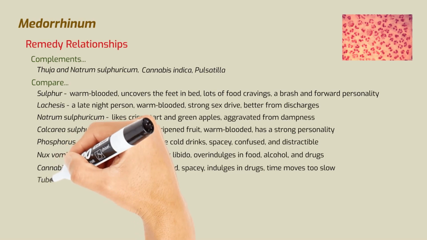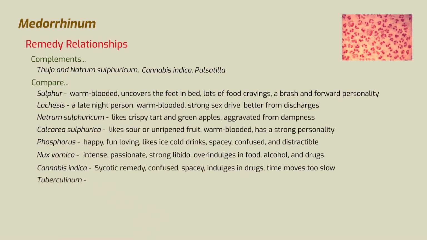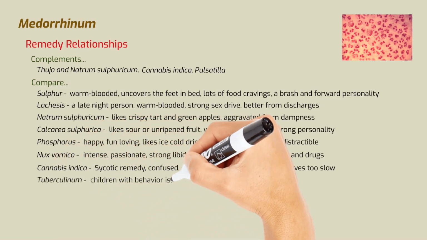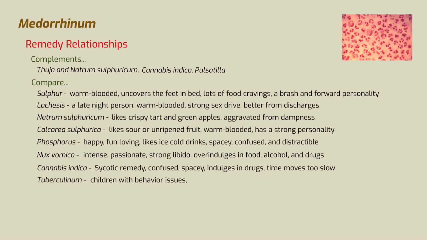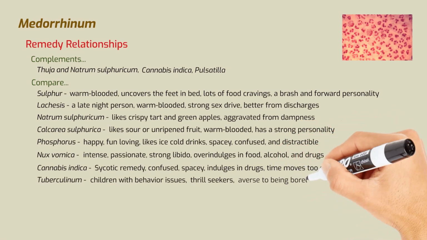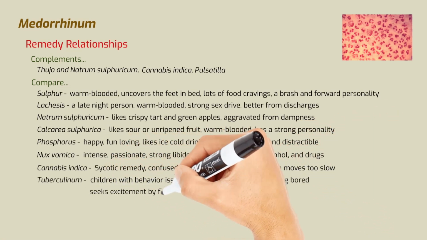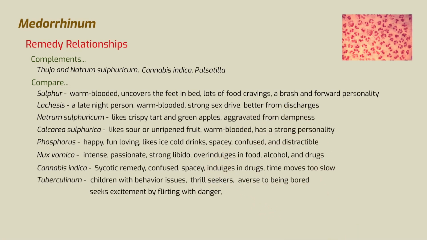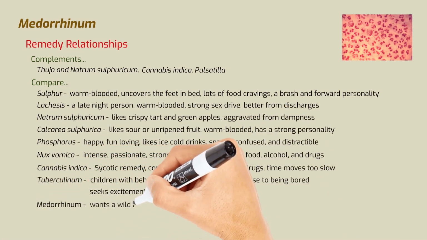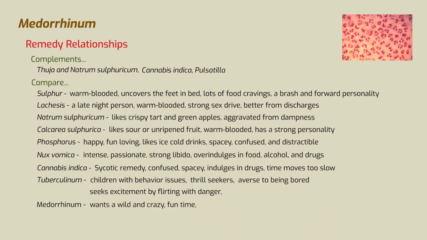And last but not least, tuberculinum, which also fits children with behavior issues. We can think of both tuberculinum and medorrhinum as thrill seekers. Both are averse to being bored. The difference is that tuberculinum seeks excitement by flirting with danger. For Medorrhinum, thrill-seeking means having a wild and crazy fun time.